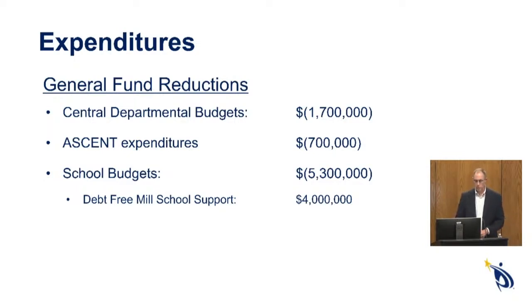And then school budgets, we've compared really fiscal year 26 budgets that are rolled out and fiscal year 25. So taking fiscal year 25's enrollment at the fiscal year 26 rates, and when you compare those and analyze our funding of the size factor and those kinds of things, really about a $5.3 million reduction. However, as I think was mentioned earlier, is an infusion of $4 million from the debt-free mill levy in there for small school support in various forms.